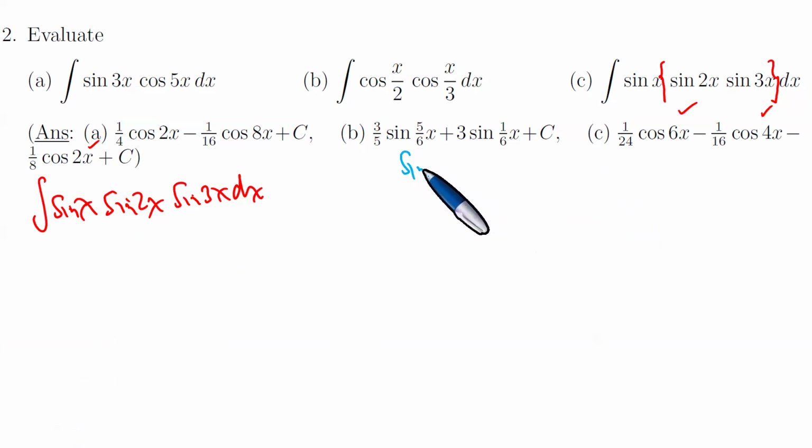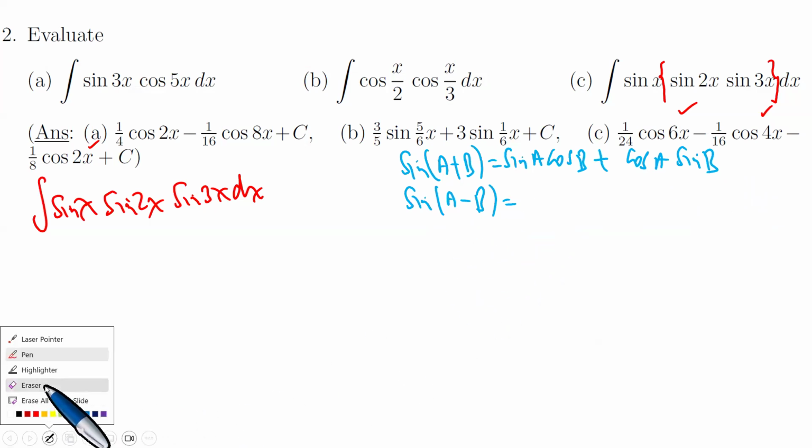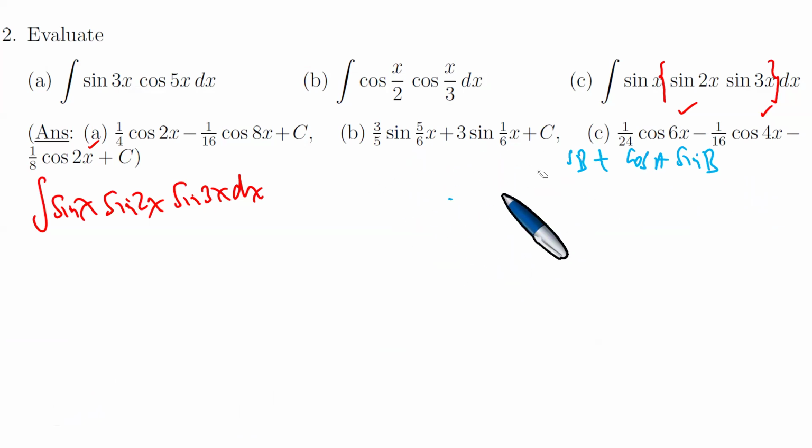So now it is sine, which is sine A cosine B plus cosine A sine B. And then you write the minus. Because it's sine sine, you will need only the cosine function because it's the only one that repeats.